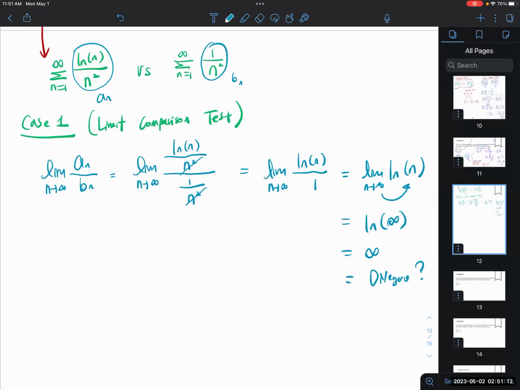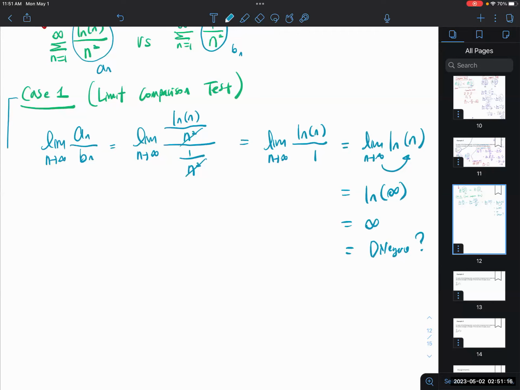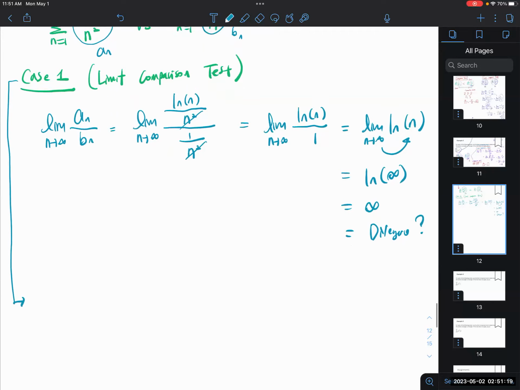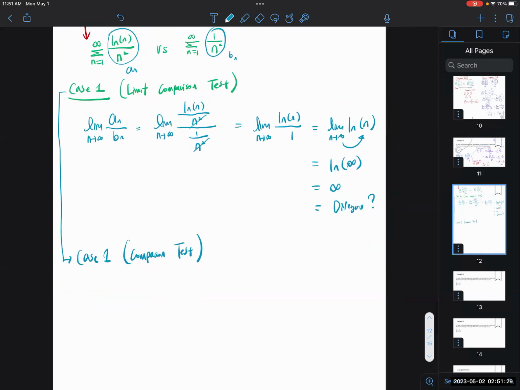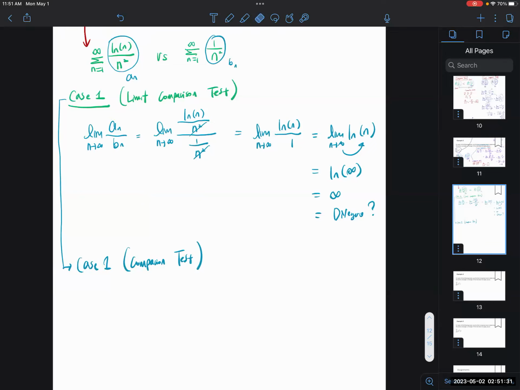What do you guys think? Hold up there. Let me double check with case 2, just the traditional comparison theorem. We already know we're going to compare these two, so let me copy and paste.